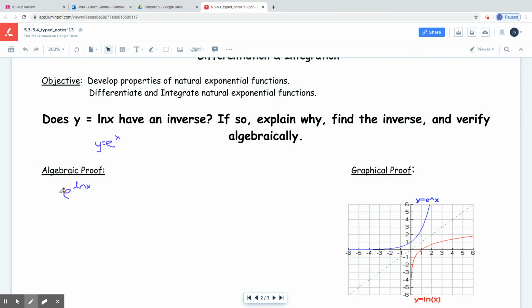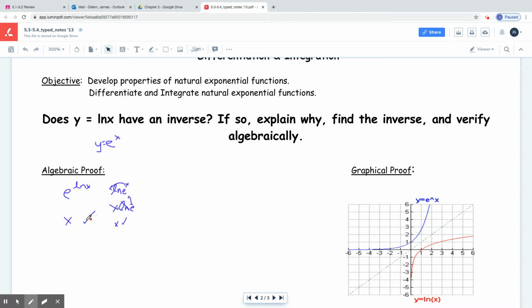If you have a log and an exponent with the same base, E is the base of this, so this is equal to x. And then the natural log of e to the x, I could bring the exponent out front, which is x times natural log of e. The natural log of e is just 1, which leaves you with just x. So you get x and x, all right? So y equals e to the x.